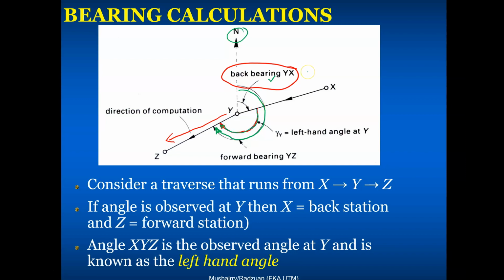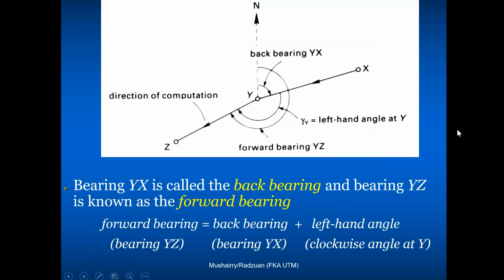So forward bearing is back bearing plus left-hand angle.